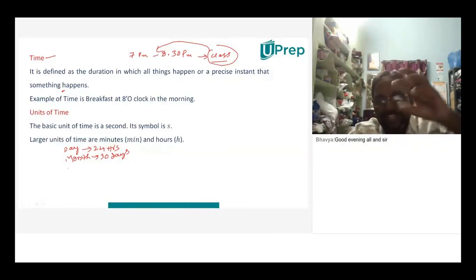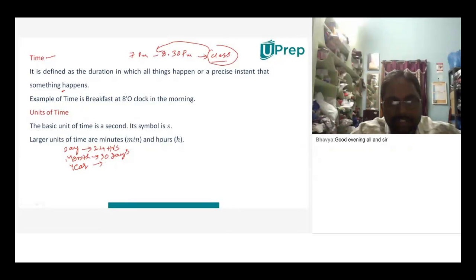Whatever major units there are, I am taking those. After day, after month, what will be there? Year. Year means how many months? 12 months. And after year, we may take decade. Decade means 10 years.